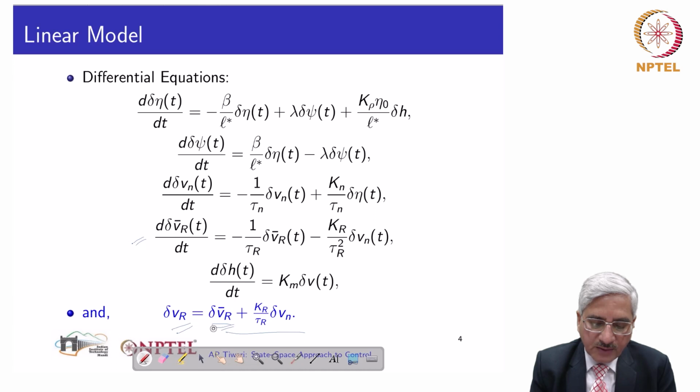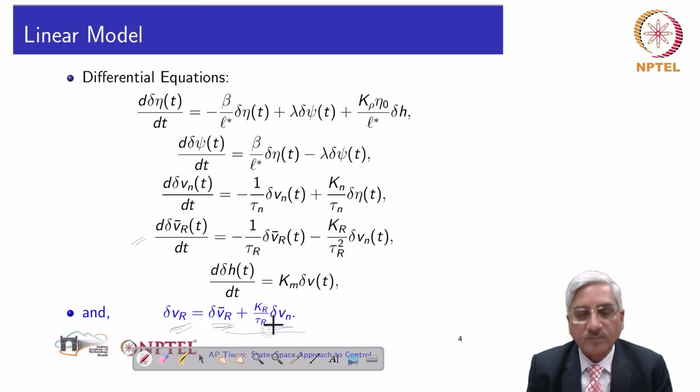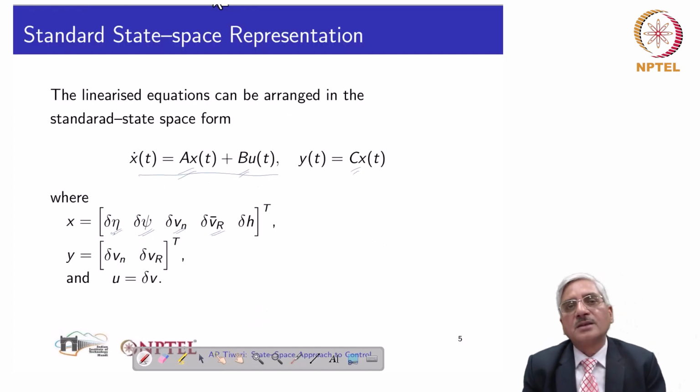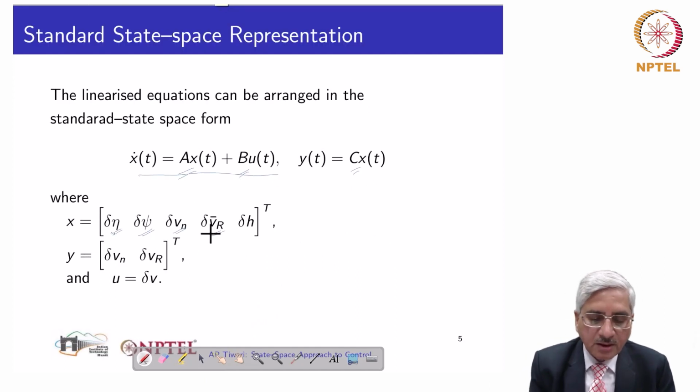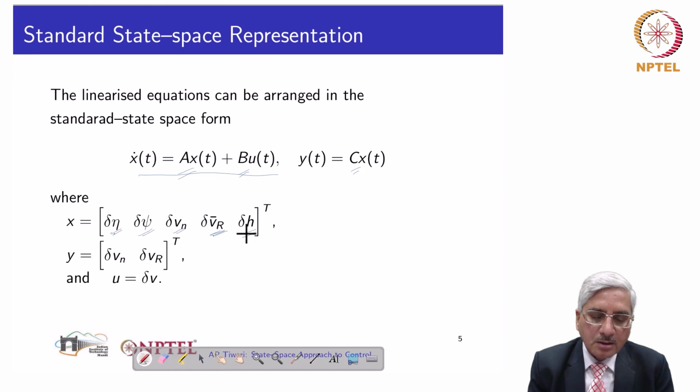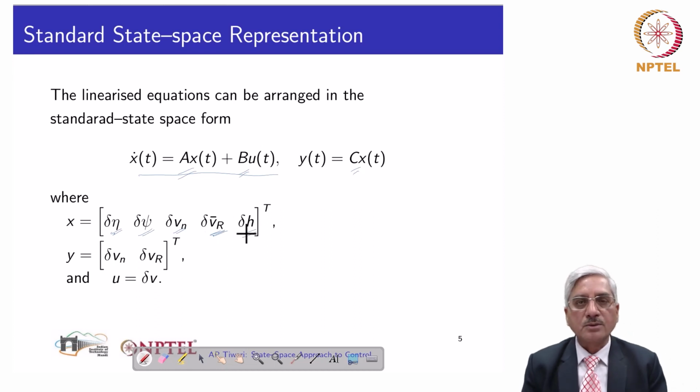You can see delta V R dot is delta V R and this one. So it is rate voltage and the linear voltage, a combination of that, its deviation from its steady state value and the control rod position, change in control rod position. These are the state variables.